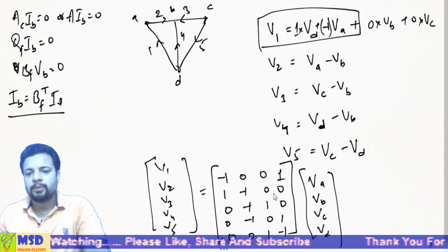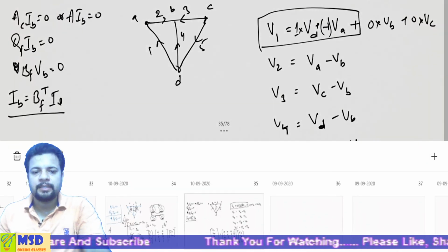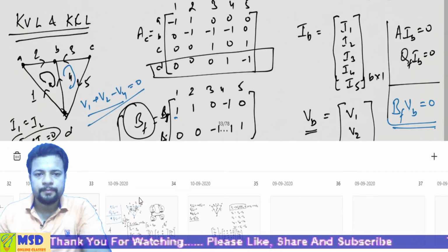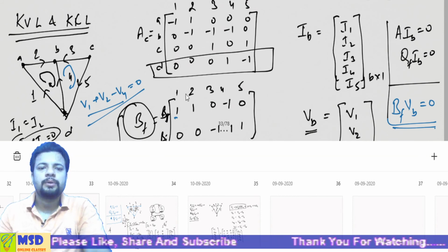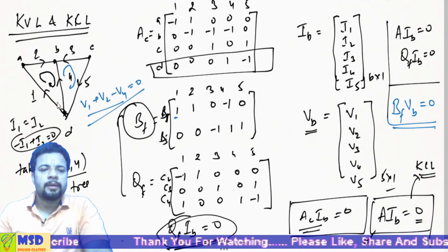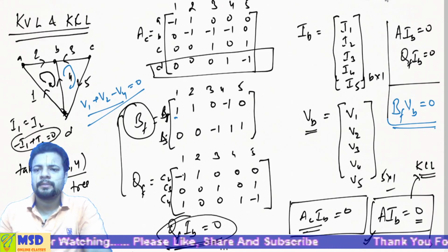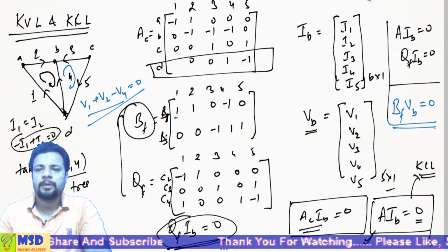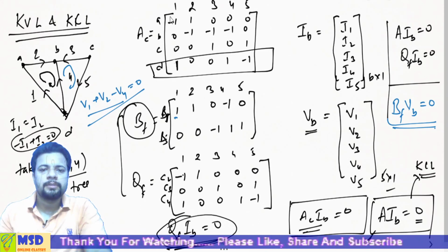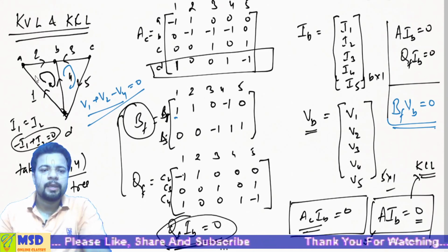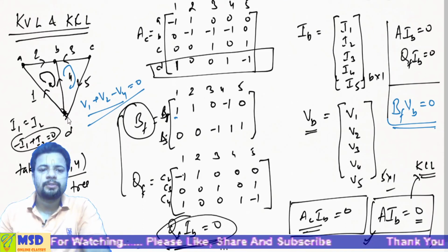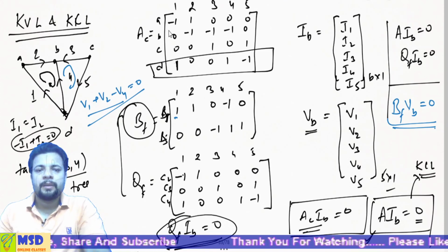The second row is 1, -1, 0, 0. So let's see this matrix, the A_C matrix here. Please correct this: this element is 1 because this branch is connected between A and D. So A is to be marked minus 1 and D is to be marked plus 1. So again, -1, 0, 0, 1, then 1, -1, 0, 0. So there is an interchange between rows and columns.